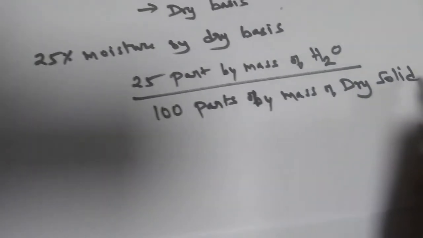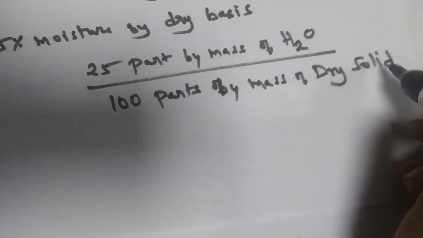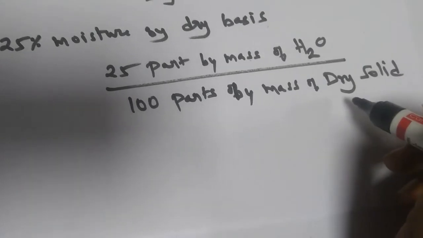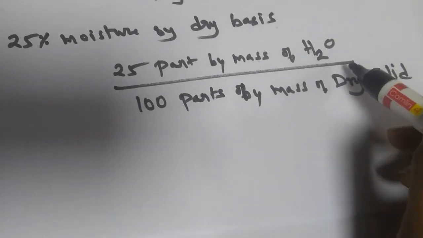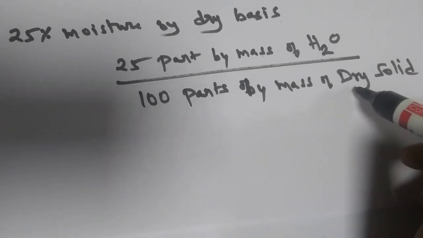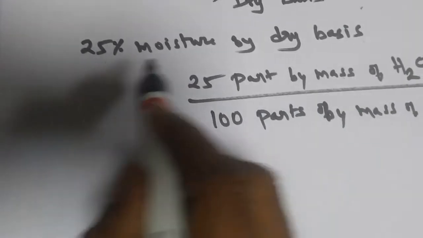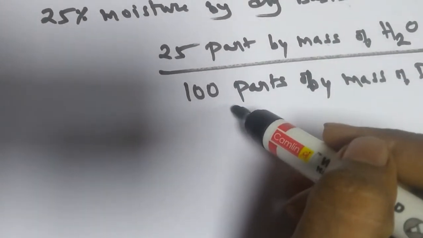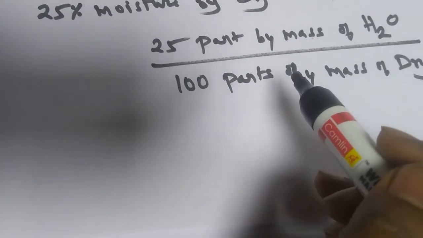Dry solid can be sand, soil, or it can be soap, detergents, cement, like that. Mainly this moisture in air, in that case, we will say moisture is water and water vapor, and then this denominator will be dry atmospheric air, right? So that way it is 100. When I say 25% moisture by dry basis, it refers to denominator is moisture free solid.